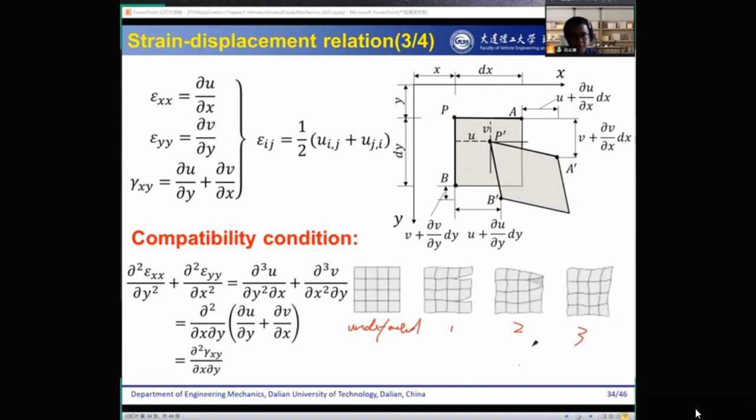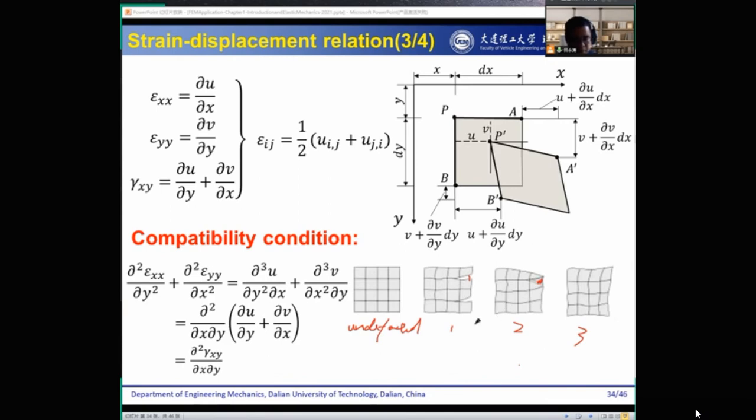We can see there are problems here because this is a continuum. We have made the continuum assumption. In case 1 and case 2, the continuum becomes not continuous anymore because there's a gap here and an overlap region here. This violates our continuum assumption. Only in case 3 is the deformed shape still continuous.